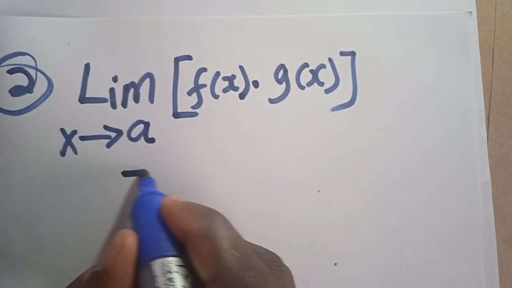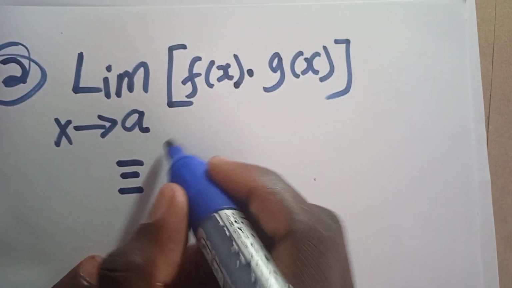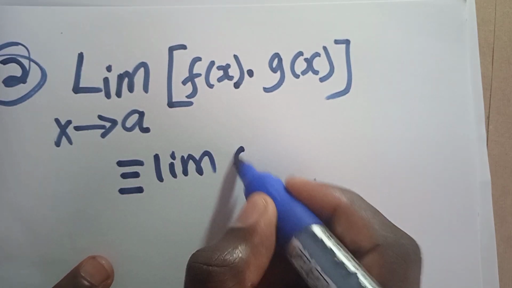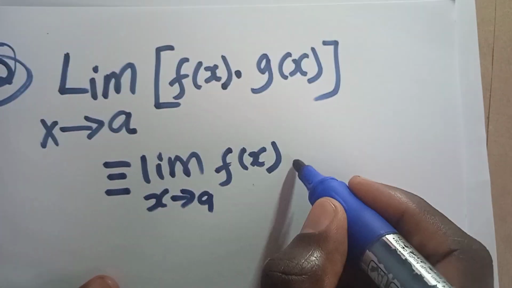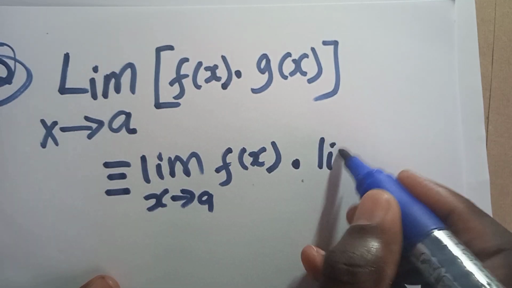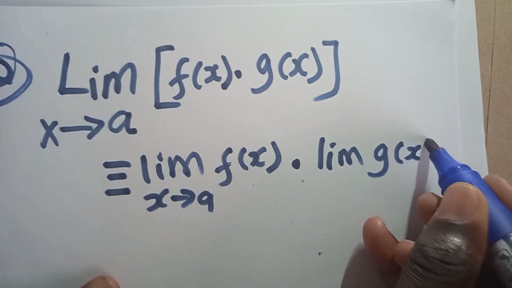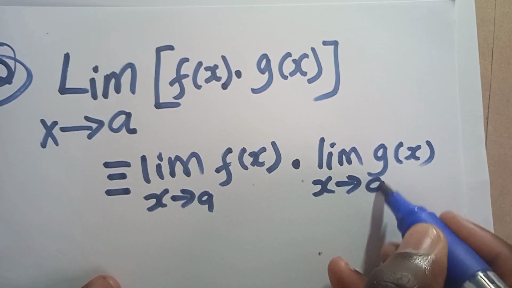This will just be equal to the limit of f of x as x tends to a, times the other limit, the limit of g of x as x tends to a.